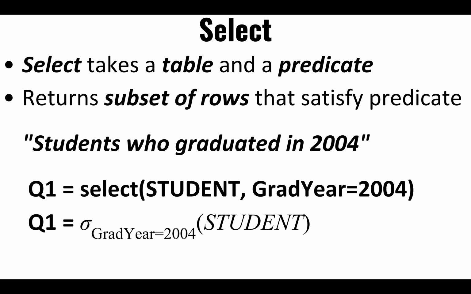In this case, it's a student table, which provides a whole bunch of rows, followed by a predicate. So I want to select all the records in the student table that meet this criteria. This is the syntax. This is the mathematical or symbolic representation of the same thing: sigma followed by the predicate, operating on that particular table.